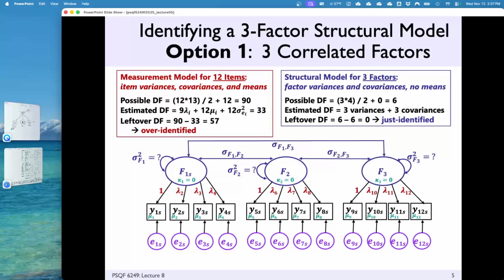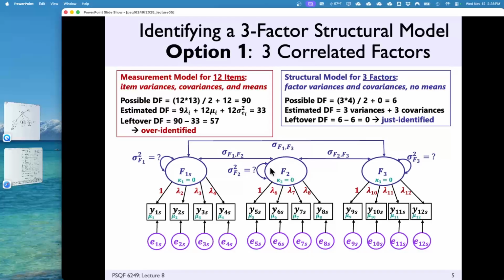So you can come up with one version. If we had three different factors, these would be first order factors. Here, I'll just use the mouse. We have a marker item for each, so each of the factor variances is estimated.